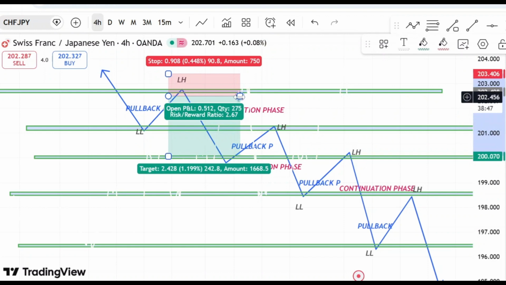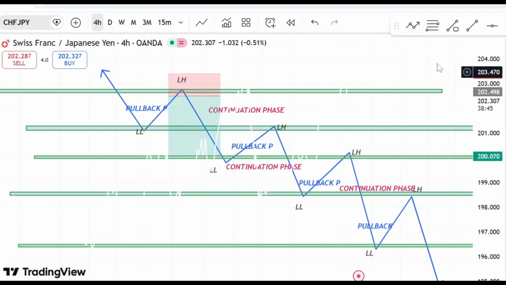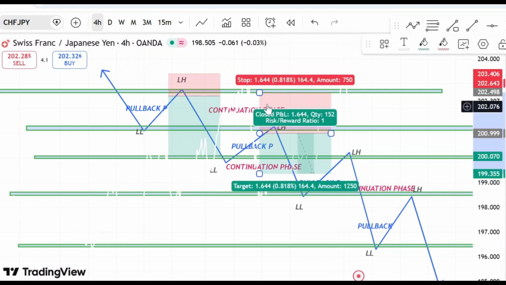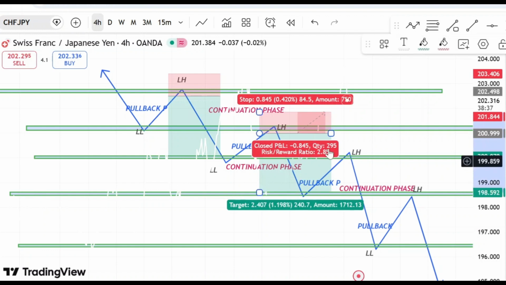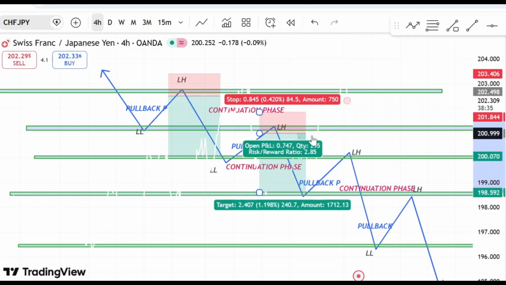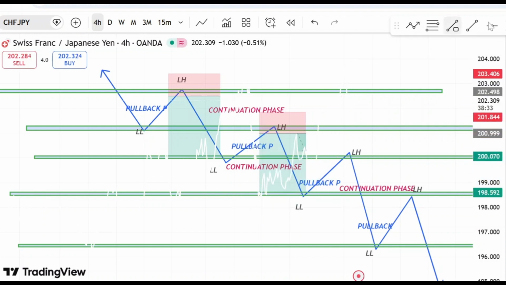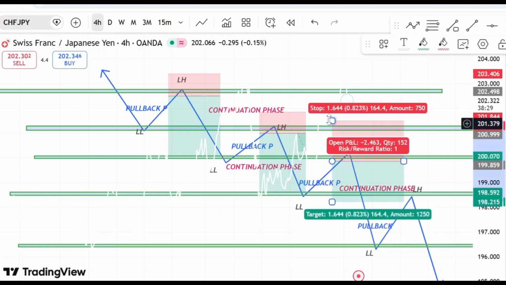We always enter on the lower high. Always enter on the lower high.